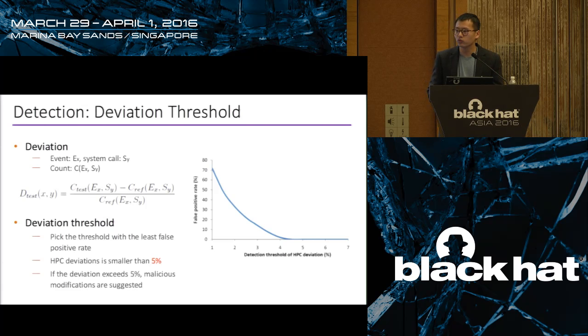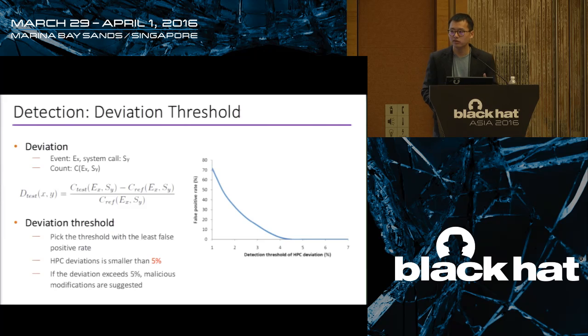So now, once we have these terms defined, we can compute a reference counter value for a particular syscall and performance event pair. The way we do it is that we run the syscall and the event many, many times, hundreds of times, and then we average the values. After that, we also run a few hundred different test executions. Each time we run the test execution, we use the deviation equation to compute the deviation. And from this set of results, we find that if you set the deviation threshold to 5%, then your false positive rate drops to 0.